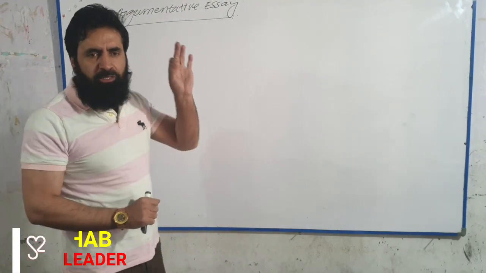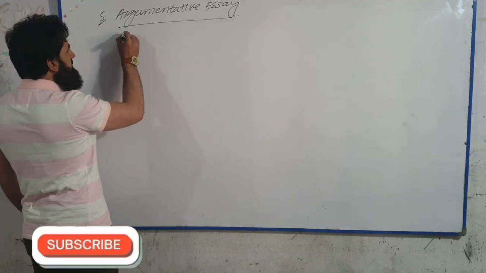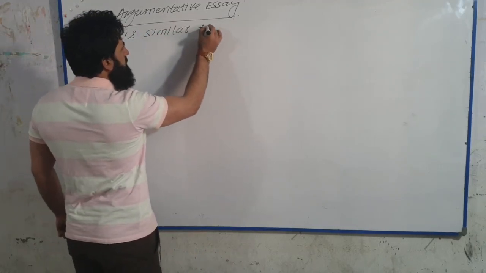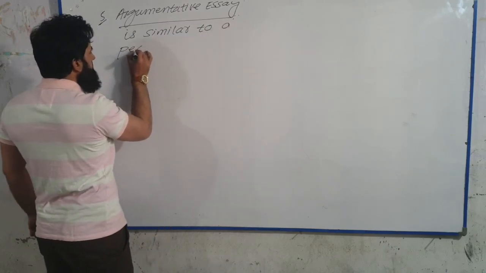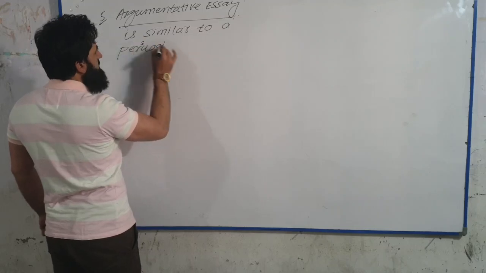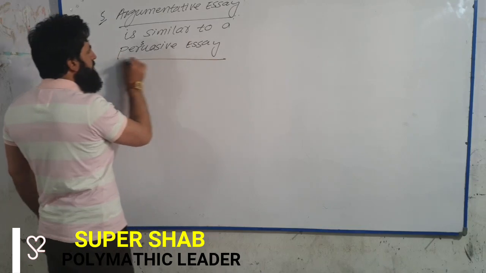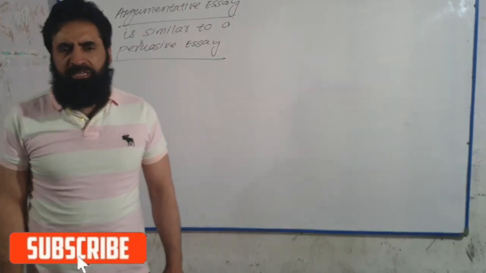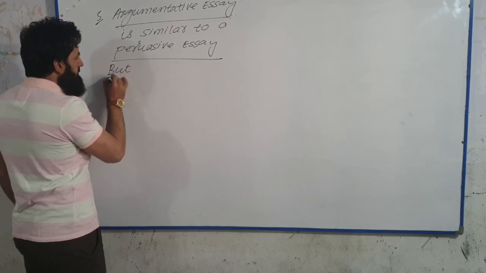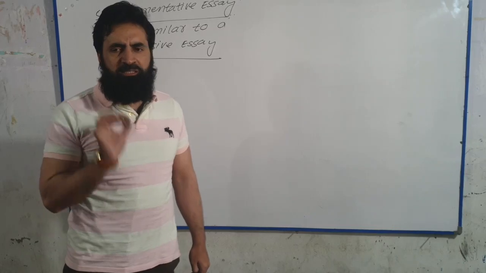So let's define this. What is an argumentative essay? An argumentative essay is similar to a persuasive essay. But what is the difference? In this type of essay, what does the writer do?